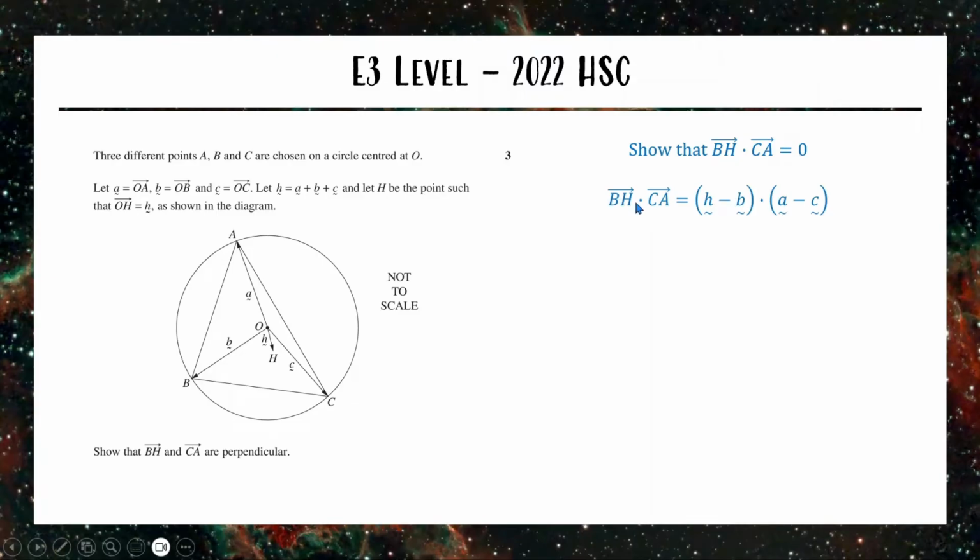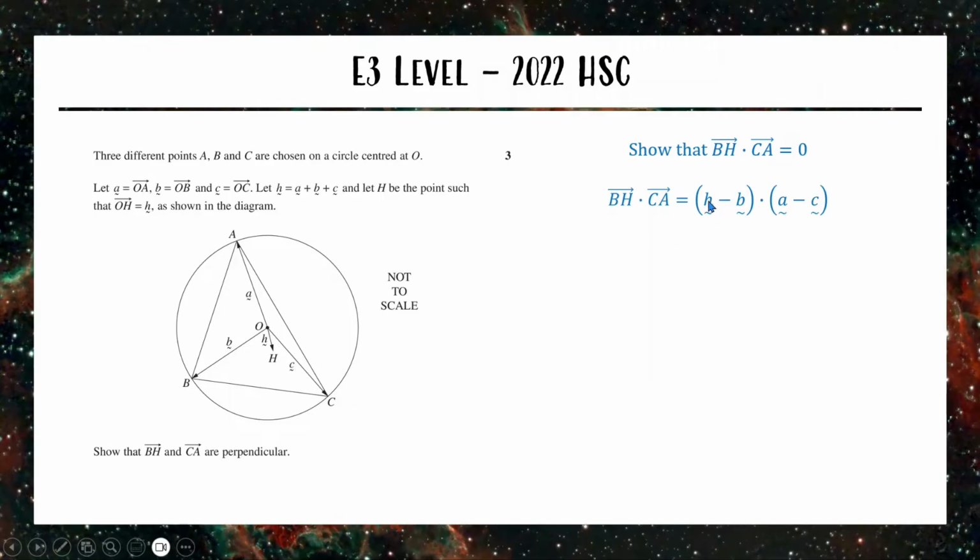So from B to H is H minus B, and the vector from C to A is A minus C. So it's the second letter minus the first one, the quick little shortcut to get your 2 vectors. Now we're going to use some useful information from the question, that H is actually equal to A plus B plus C, and we can sub that into our first bracket here.